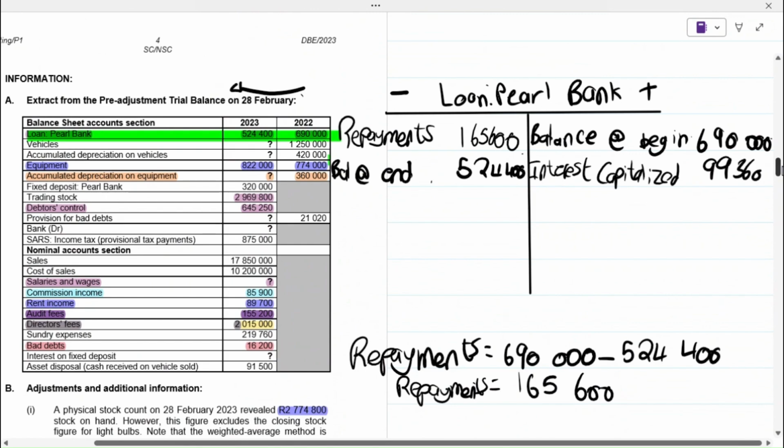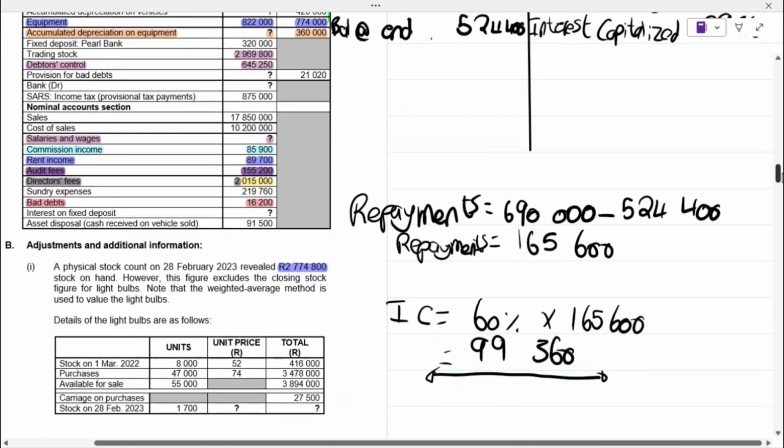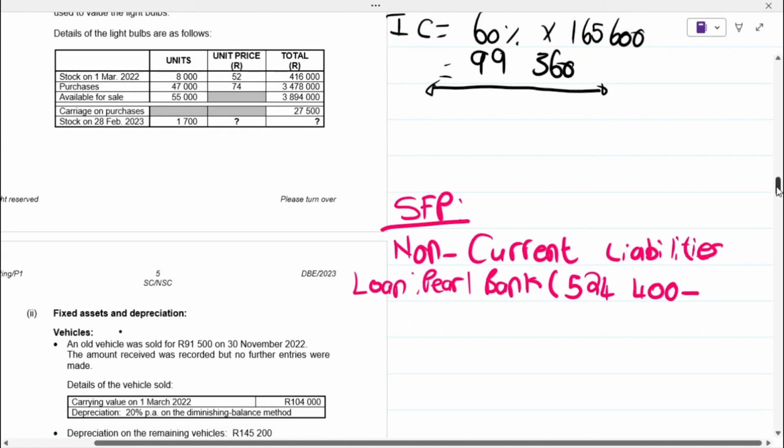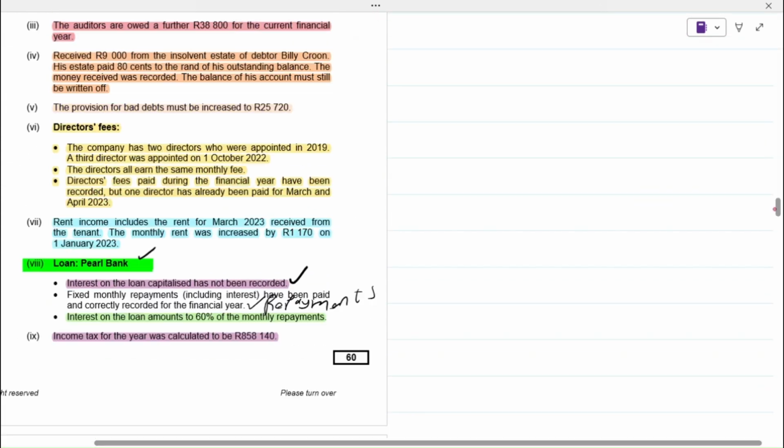So here's my balance at the end, 524,400, minus my current portion on loan. And I haven't calculated my current portion on loan.